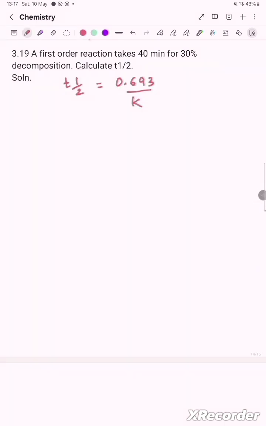So we know that for first order reaction, rate constant K is equal to 2.303 upon T log R naught upon R. Here this is initial reactant and this is concentration of reactant at any time T.